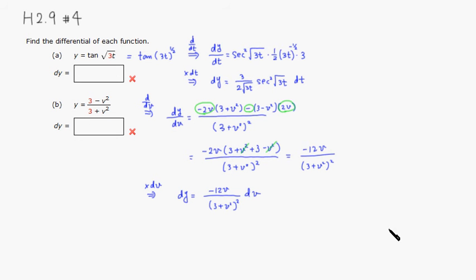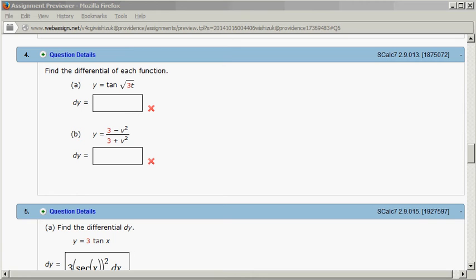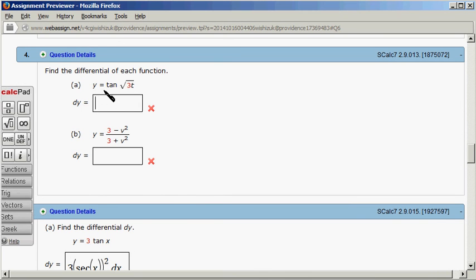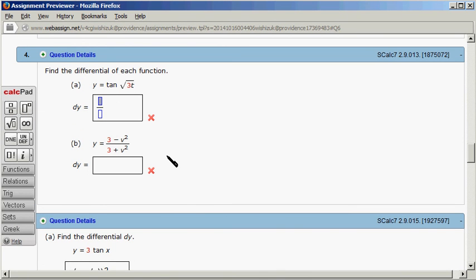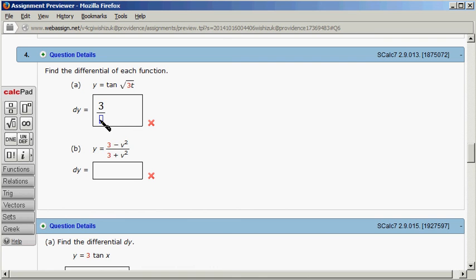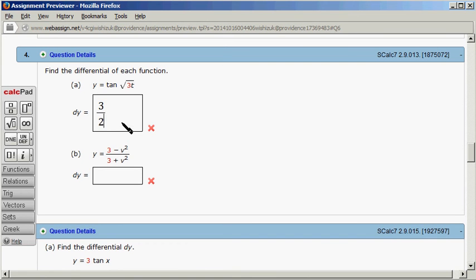All right, so let's type those in. What we got was, we need a fraction there. You have a 3, and down here you have 2 times the square root of 3t.